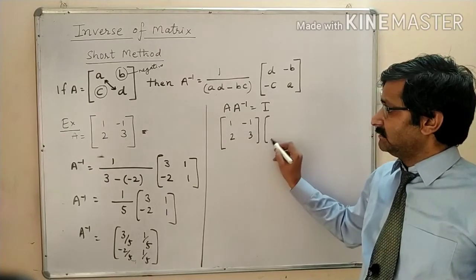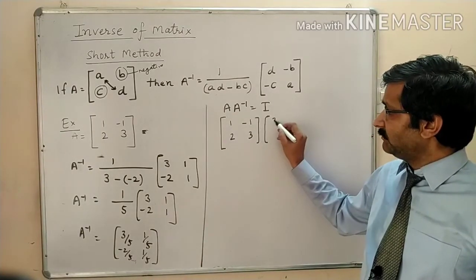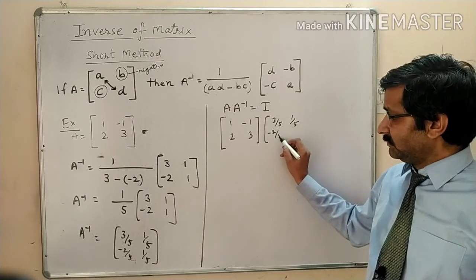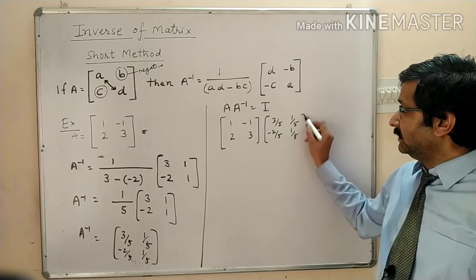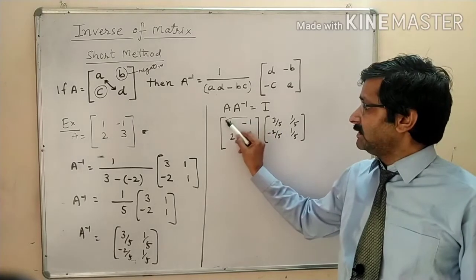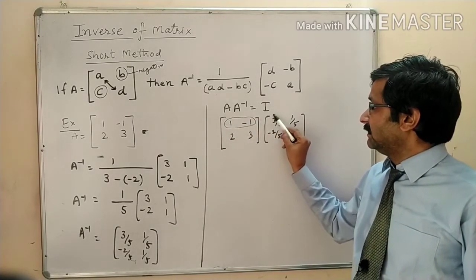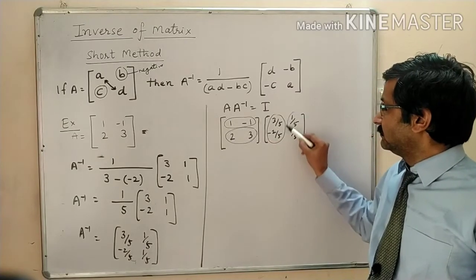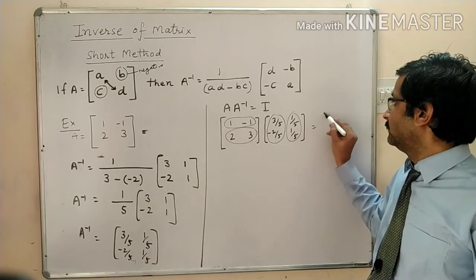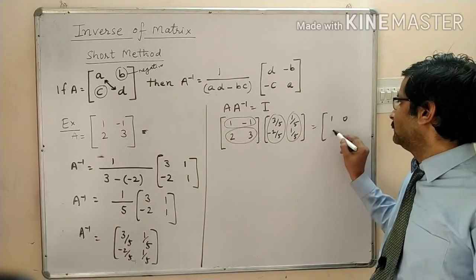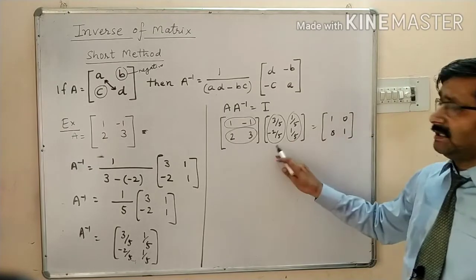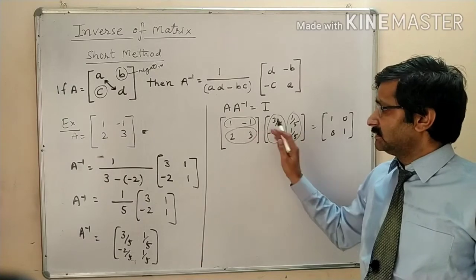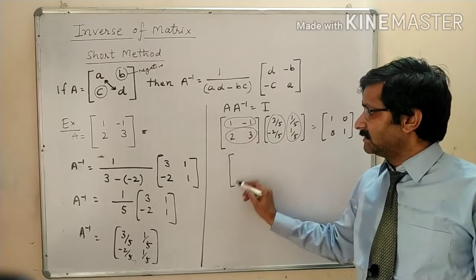A inverse is 3 upon 5, 1 upon 5, minus 2 upon 5 and 1 upon 5. You multiply means this row by the first column, then this row by the second column. This should equal I, meaning 1, 0, 0 and 1. If you get left hand side equal to right hand side, you can prove that this A inverse is the inverse of this matrix.